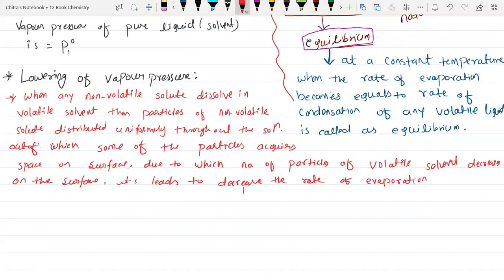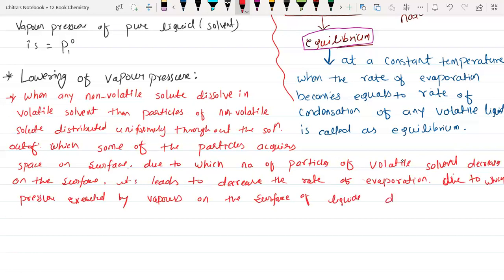Because the number of particles will decrease on the surface, so the rate of evaporation will decrease. If the rate of evaporation decreases, the number of vapor particles present in the air will also decrease, due to which the pressure exerted by vapors on the surface of the liquid decreases, right?